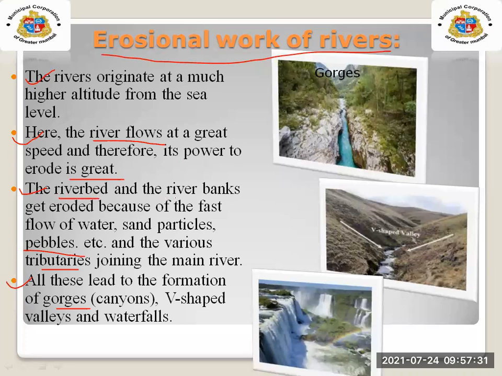When the river bed and the river banks get eroded because of fast flow of water, means the river bank, the side of the river, it gets eroded there only because the flow of the water is very fast. Why? Because from the hills the water is flowing down, and so the speed of the water is too high.